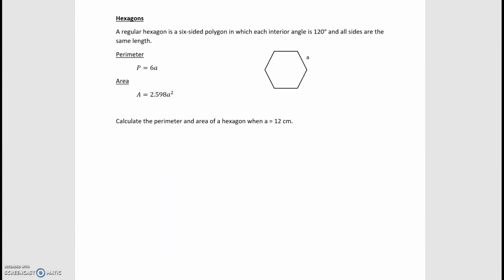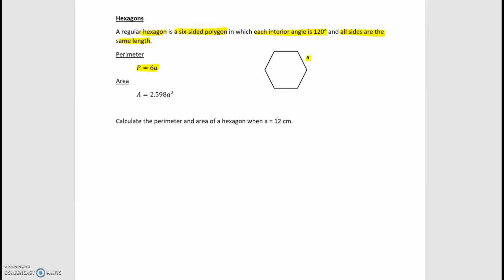Next, we'll look at hexagons. Well, a hexagon is a 6-sided polygon, a 6-sided closed shape, in which each interior angle is 120 degrees and all sides are the same length. So here's a perimeter formula for a hexagon. 6 sides, perimeter equals 6 sides of the A value. Okay.